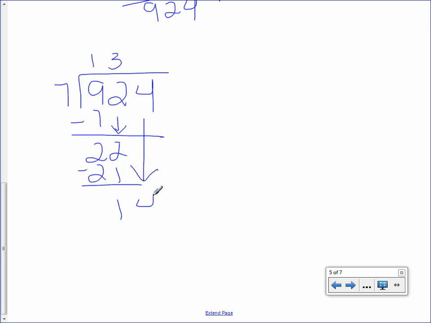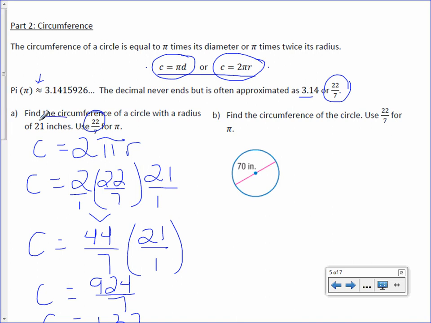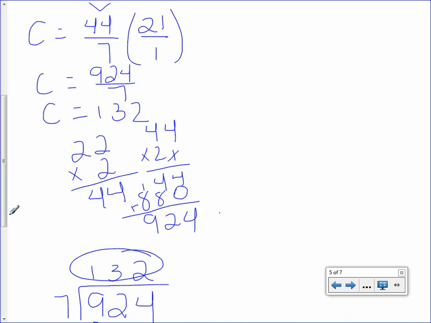Bring down the 4. And it goes in here twice into 14. So our answer is 132. So circumference equals 132. And our unit is inches. I'm going to box that answer because I have a lot of stuff going on there.